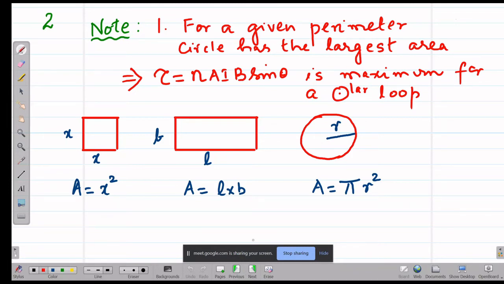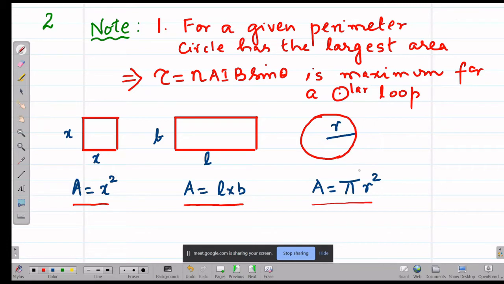For instance, if it is a square coil of side x, then the area would be x squared. On the other hand, if it's a rectangular coil of length L and breadth B, then the area would be length into breadth. If it's a circular loop of radius r, then the area is pi r squared.